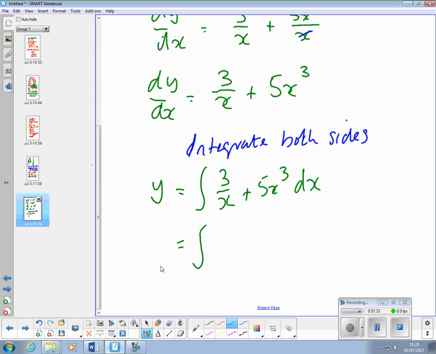In your table, the integral of 3 over x is... what do we do with the constant on the top? That comes in front, so that'll be 3 ln x.